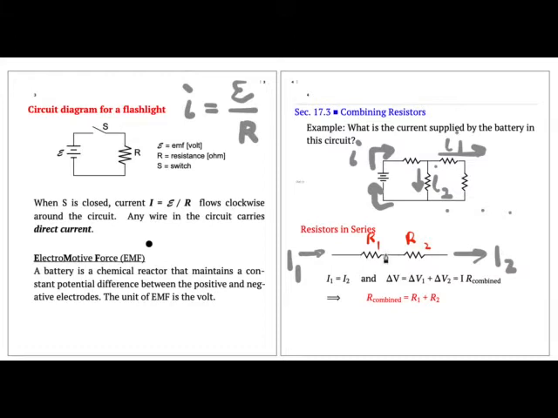Then the potential difference across the first resistor is not the same as the potential difference across the second resistor. We'll call I1 and I2 both equal to I, because they're the same. The potential difference across this resistor is IR1.